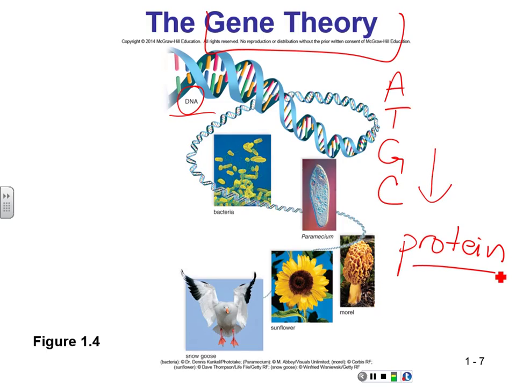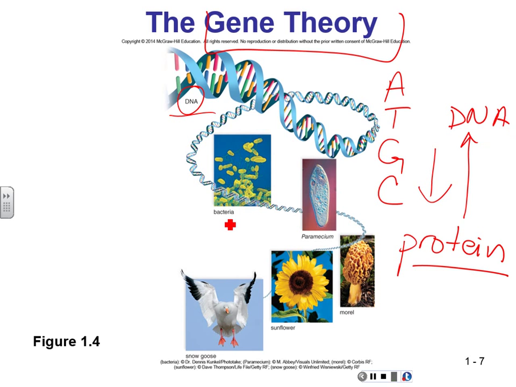So there are structural proteins that help us maintain our shape. There are proteins that help us carry oxygen, like hemoglobin. There are proteins like collagen that allow us to have flexibility and allow our skin to be pliable. There are proteins abound in the body, and all of this instruction to make these comes from DNA.